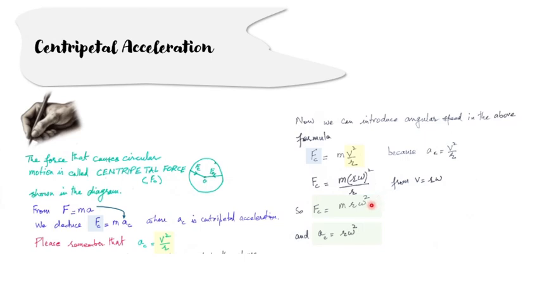So these two formulae, that is Fc is equal to m r omega squared and ac is equal to r omega squared, are the formulae that we have learned in the topic of centripetal acceleration.